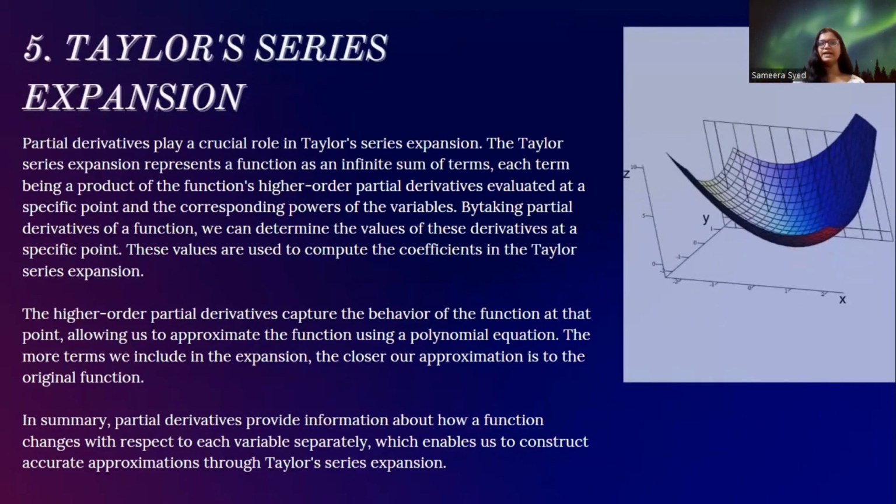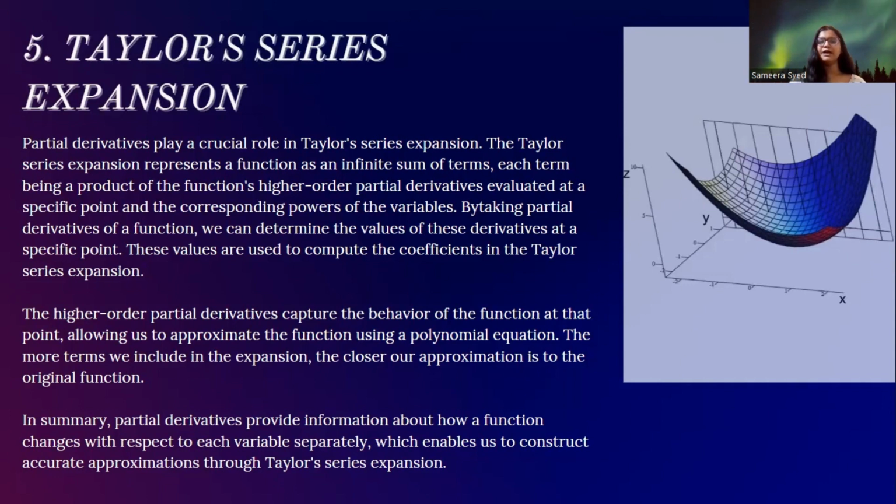Taylor's series expansion. Partial derivatives play a crucial role in Taylor's series expansion. The Taylor series expansion represents a function as an infinite sum of terms, each term being a product of the function's higher order partial derivative evaluated at a specific point and the corresponding powers of the variables. By taking partial derivatives of a function, we can determine the values of these derivatives at a specific point.